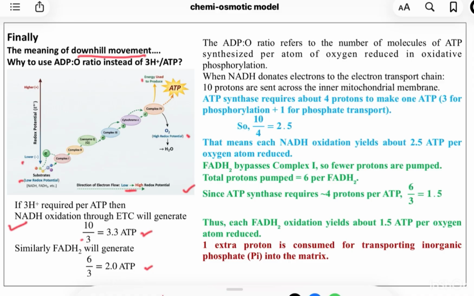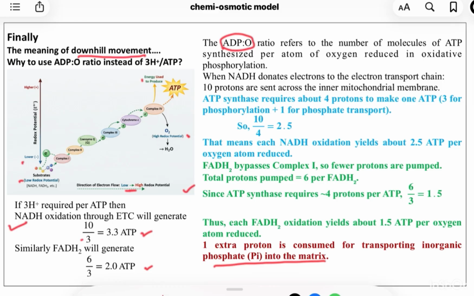However, in recent literature, the count is based on the P to O ratio. This is because ATP formation not only requires the presence of ADP, it also requires inorganic phosphate. This molecule again has an additional cost of proton movement.